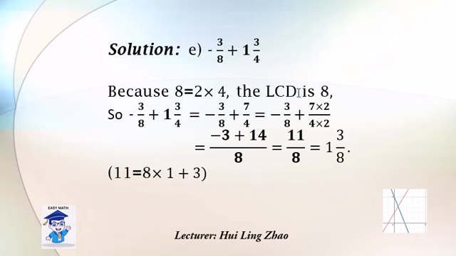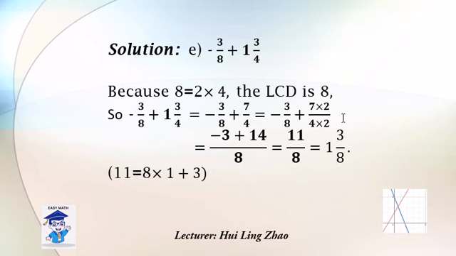So the LCD is 8. For this expression, negative 3 over 8 plus 1 and 3 over 4, we change the second term into 7 over 4, because 1 times 4 is 4, 4 plus 3 is 7, right?